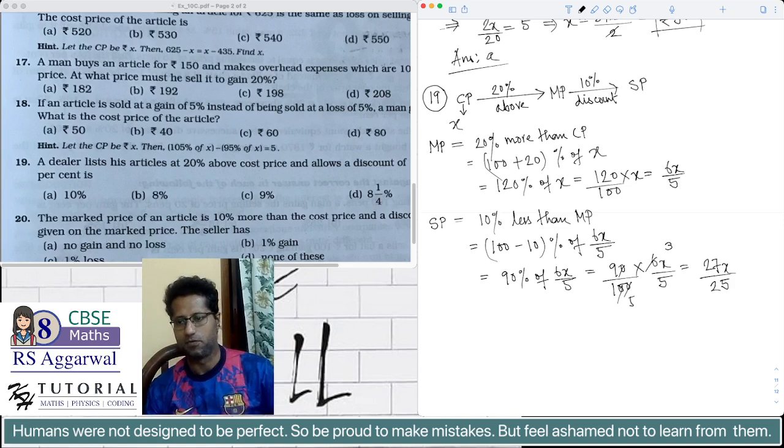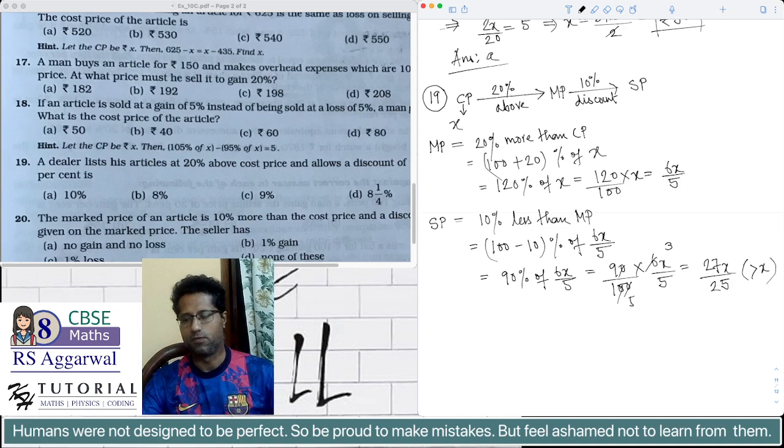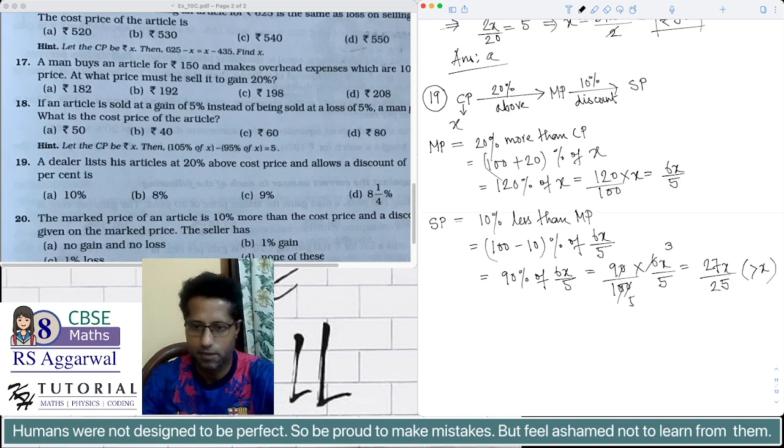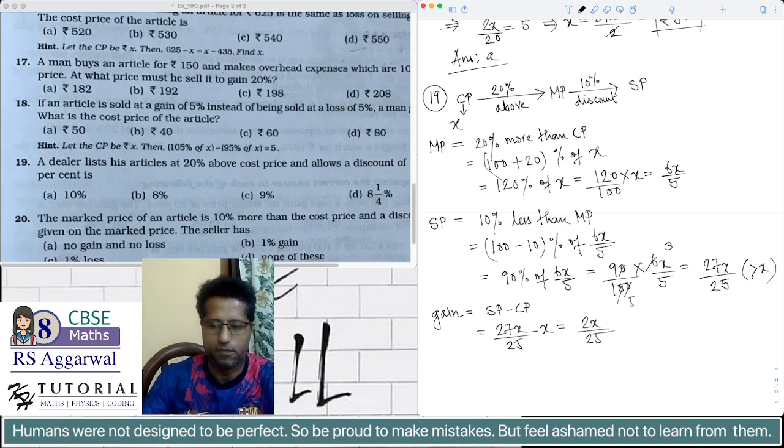Now the SP is 27X by 25 and the cost price is X. So definitely this is greater than X, because 27 by 25 is greater than 1, so there is a gain. So what is the gain? Gain is equal to SP minus CP, which is equal to 27X by 25 minus X. This is equal to 2X by 25.